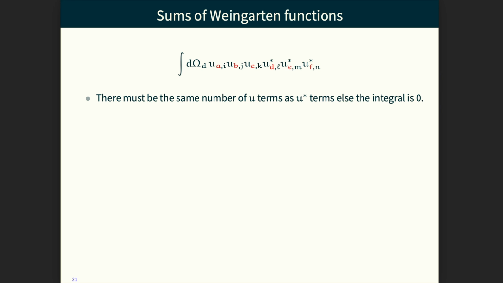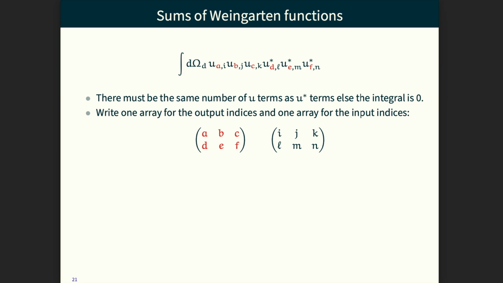And here's an example. Here I just give you A, B, C, D, E, E, and F. I put them in red because they're the first indices, to distinguish them from the black ones, which are the second indices. By the way, if you don't have as many U's as U daggers, it's automatically 0. So I construct two arrays, the red one and the black one.